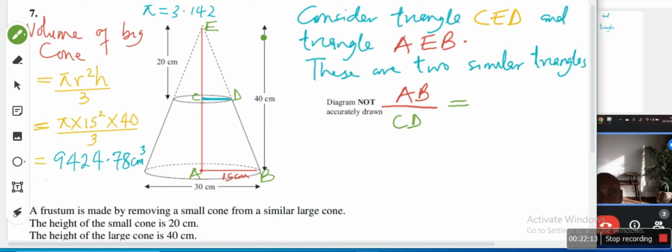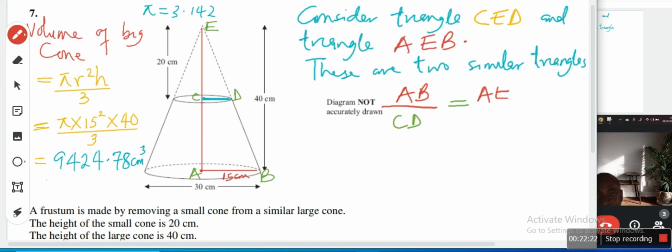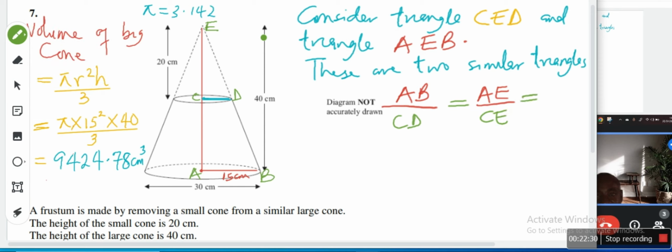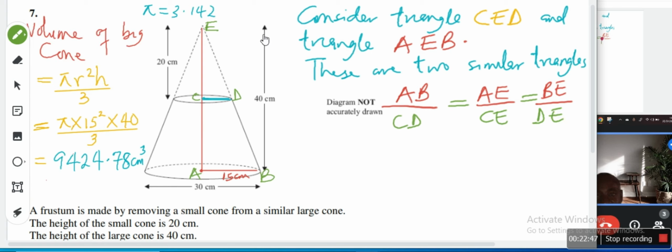Also if I mention AE, CE. What's the other side remaining? BE. DE. So those are corresponding sides. And so because they are corresponding sides, AB over CD is equal to AE over CE is equal to BE over DE.